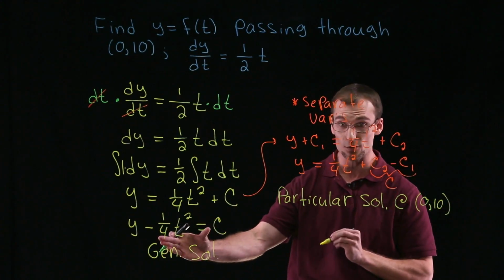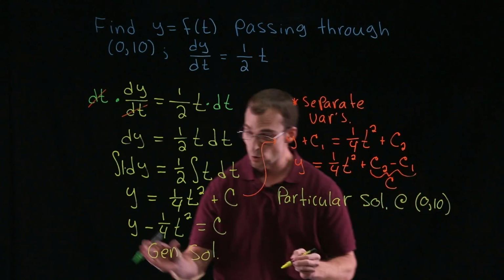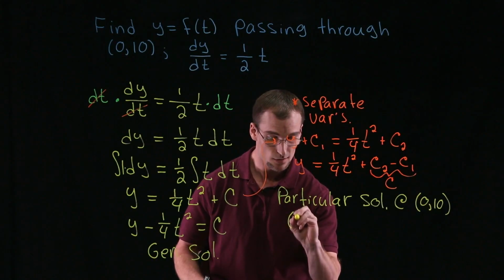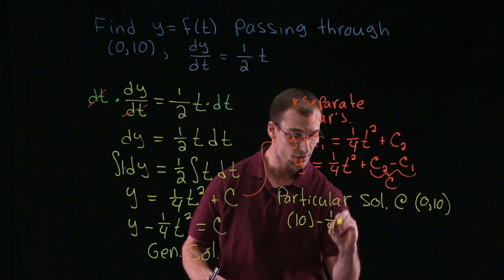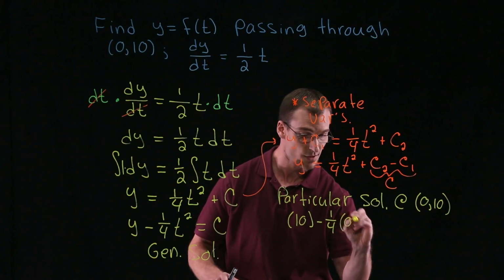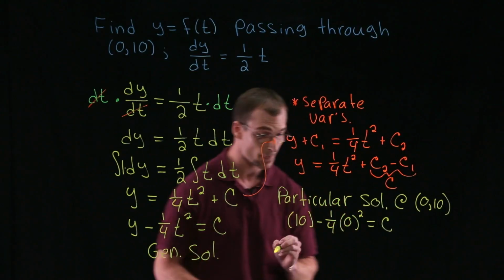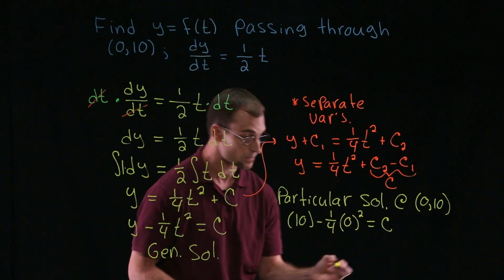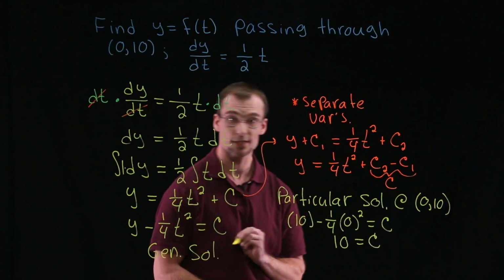Well, we can use our general solution, plugging in the specific values of y and t. So for y, we have 10 minus 1/4 times t squared, or 0 squared, and that's equal to the value c. So 0 times anything gives us 0, so that just implies that c is equal to 10.